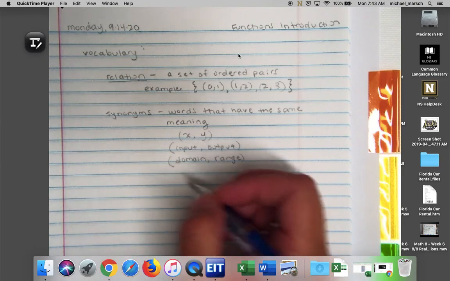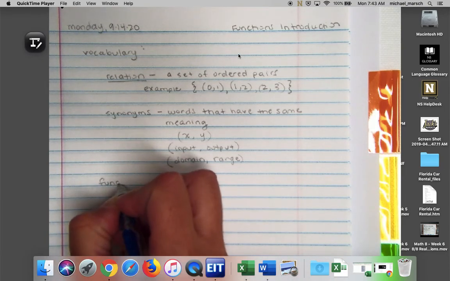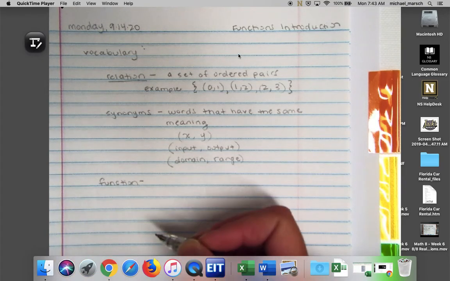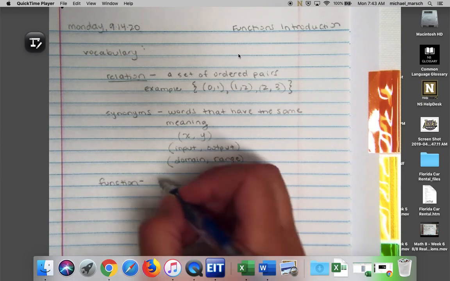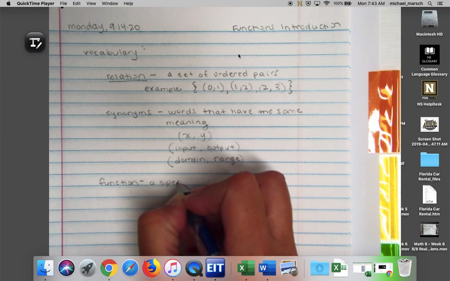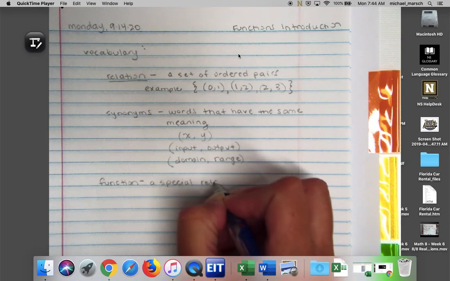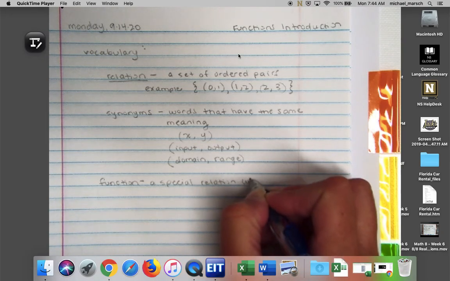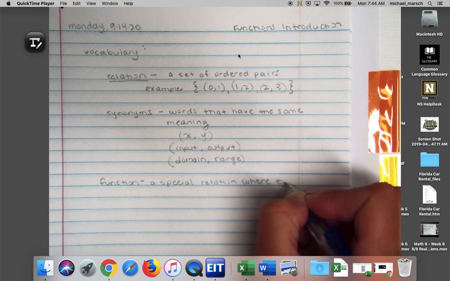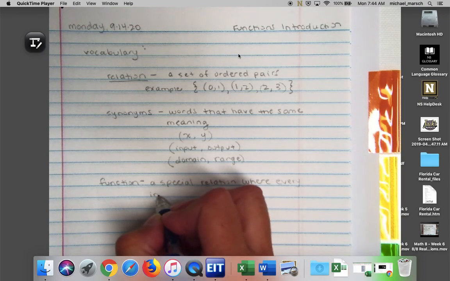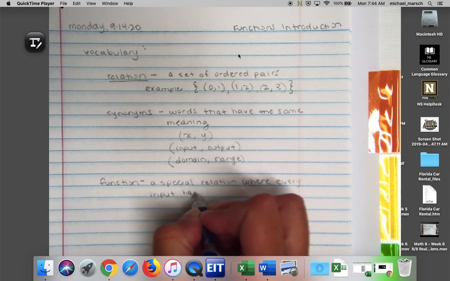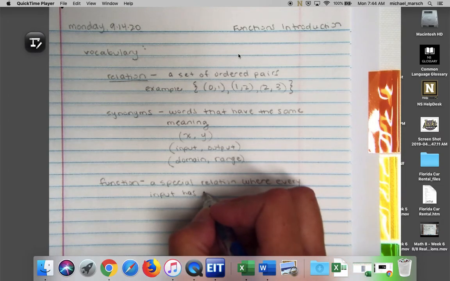Okay? And then of course, we will define function, which is a special relation where every input has only one output.